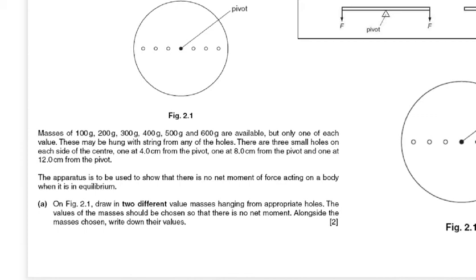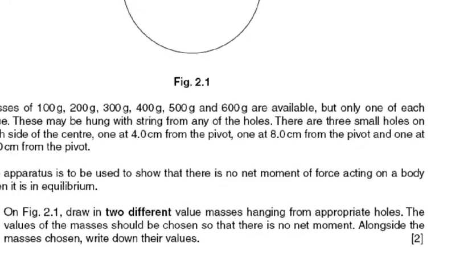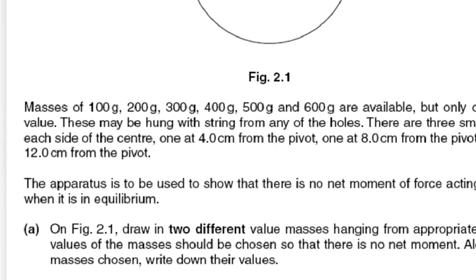The easiest way is to pick two masses where one is twice as big as the other. So if I zoom in here, I could pick the 100 gram and 200 gram, or I could do 200 and 400. It's really up to you. There are several different options. Just to be simple, I'm going to pick the 100 and the 200.